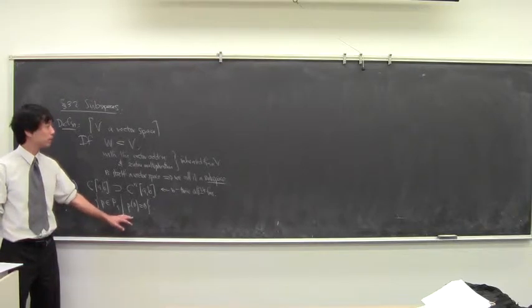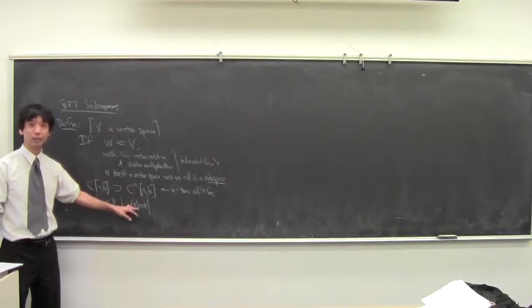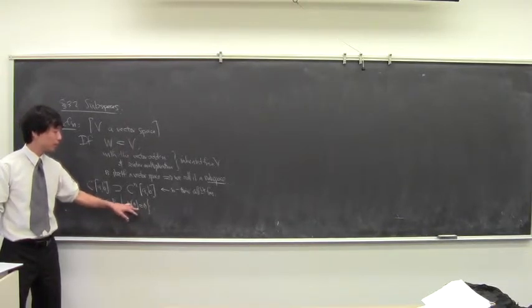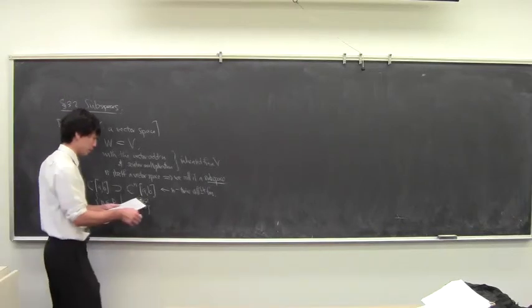Well, are you able to add things together and still stay in the space? If you take a polynomial which gives you a 0 there, and you add it to another polynomial that gives you a 0 there, will the result give you a 0 at 0? Sure. Do all the vector space axioms still hold? Yeah, they still hold. Okay, so it turns out that this is also a subspace.